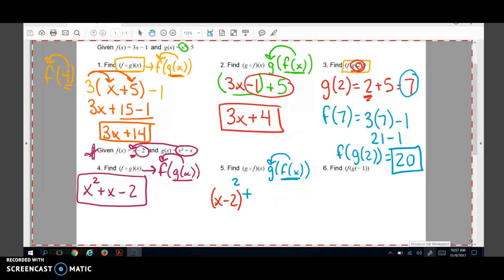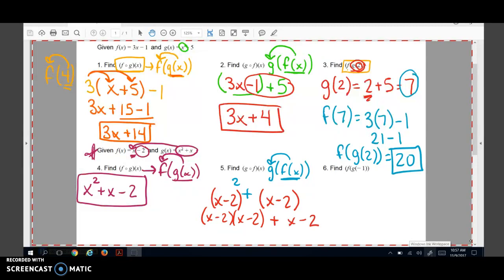So erase the x, substitute in f of x. Again, we need to look to see if we can simplify anything, and here we see that we have x minus 2 squared. That means I have x minus 2 times x minus 2. Then I have plus x minus 2.